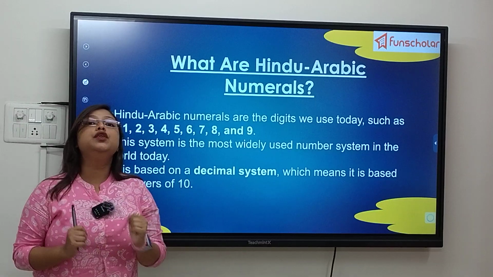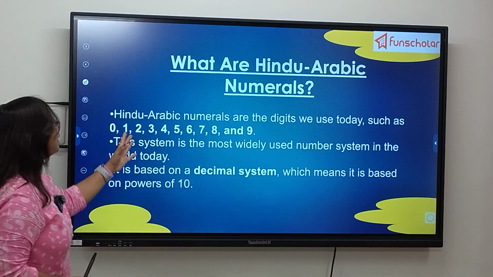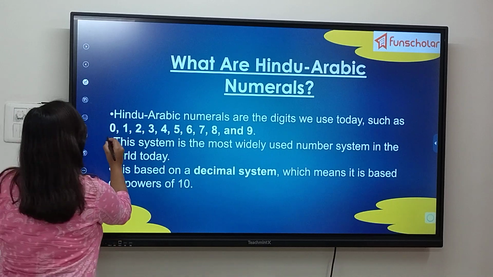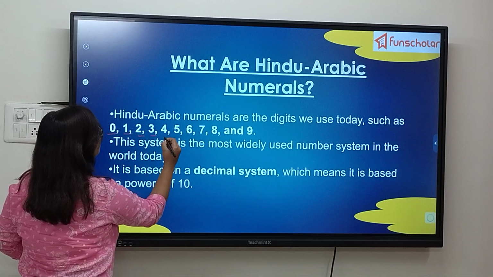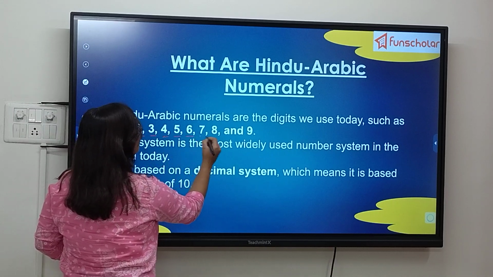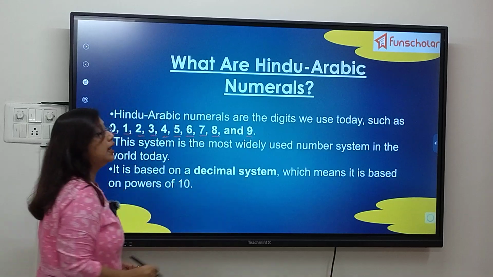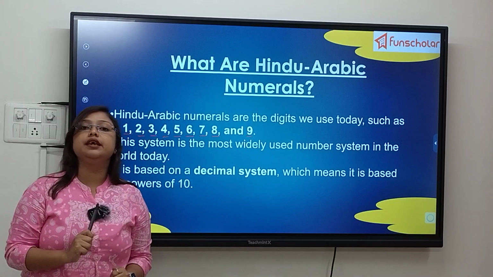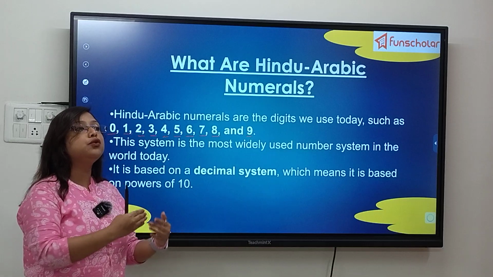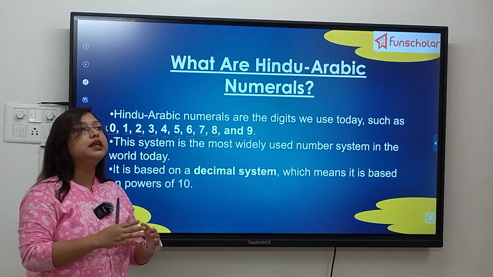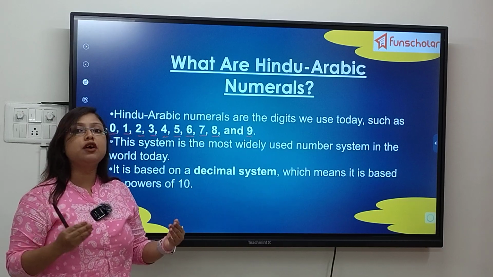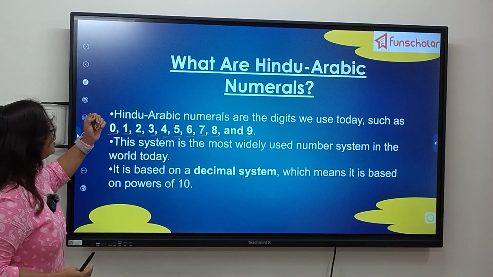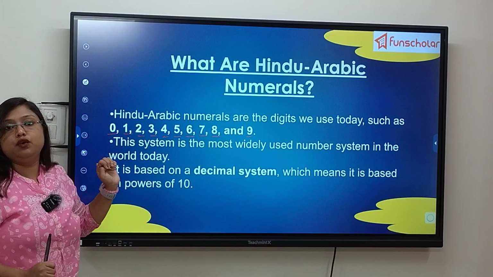Now, what are Hindu-Arabic numerals? Hindu-Arabic numerals are numerals we usually use, like 0, 1, 2, 3, 4, 5, 6, 7, 8, 9. We usually use this kind of number. Now the thing is, Roman numerals were used, but Romans didn't use them for a long time because they are a little bit complicated. These Hindu-Arabic numerals are way too easy to use.